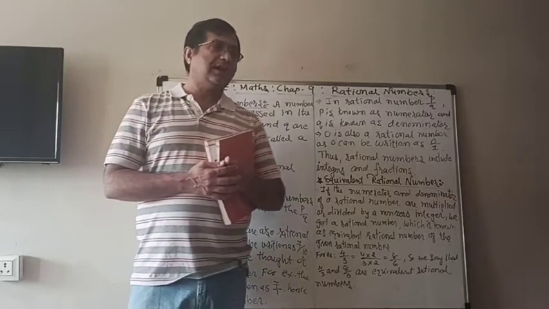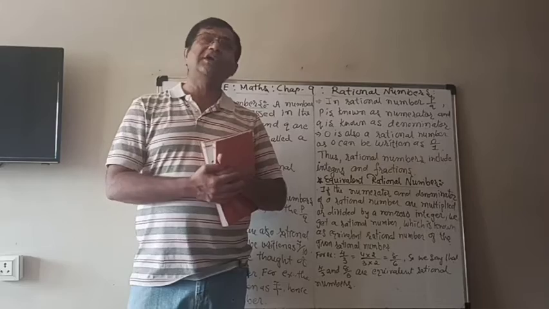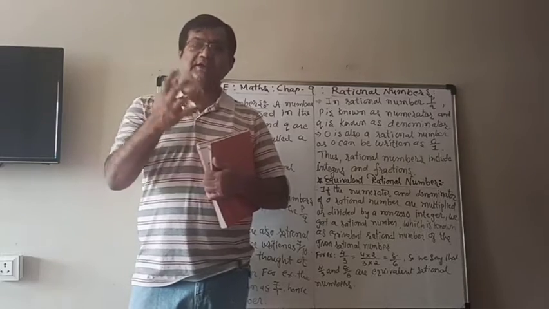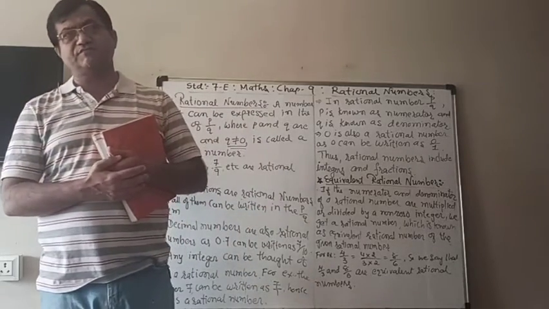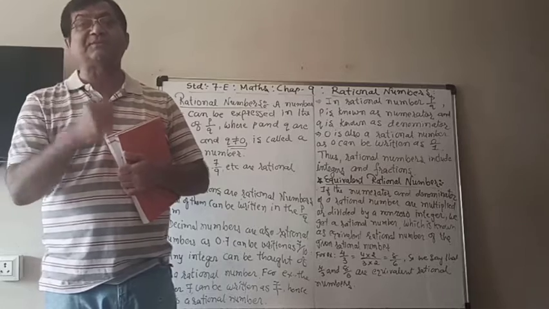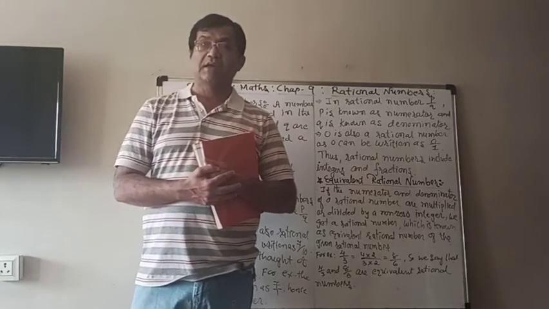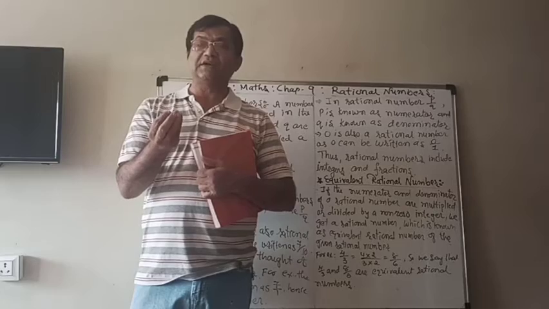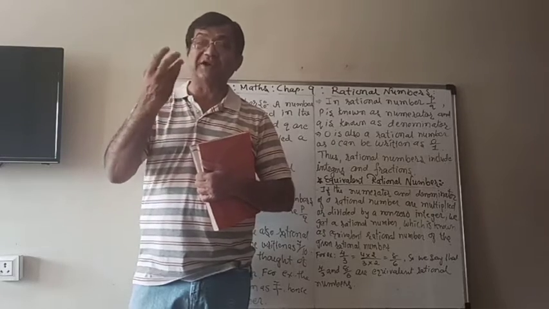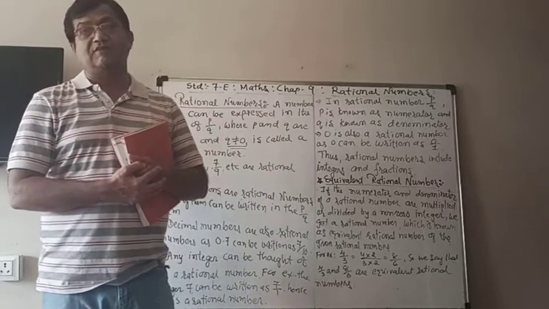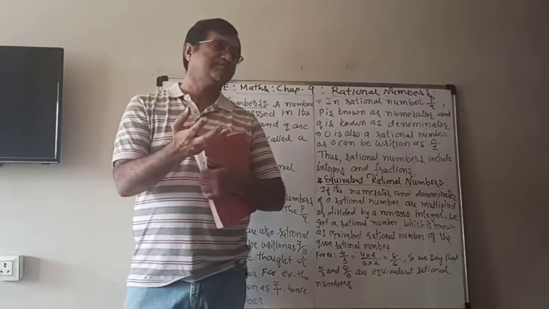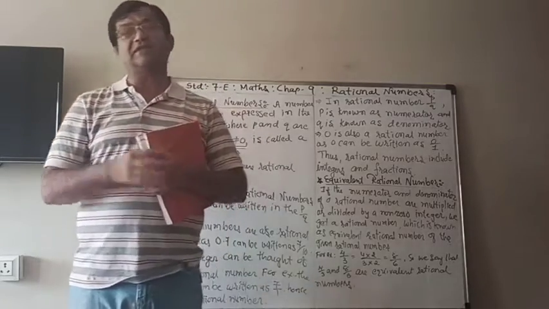Now, after the whole numbers, sometimes we saw that in subtraction, sometimes we do not get an answer. When we subtract a smaller number from a greater, then we get an answer.